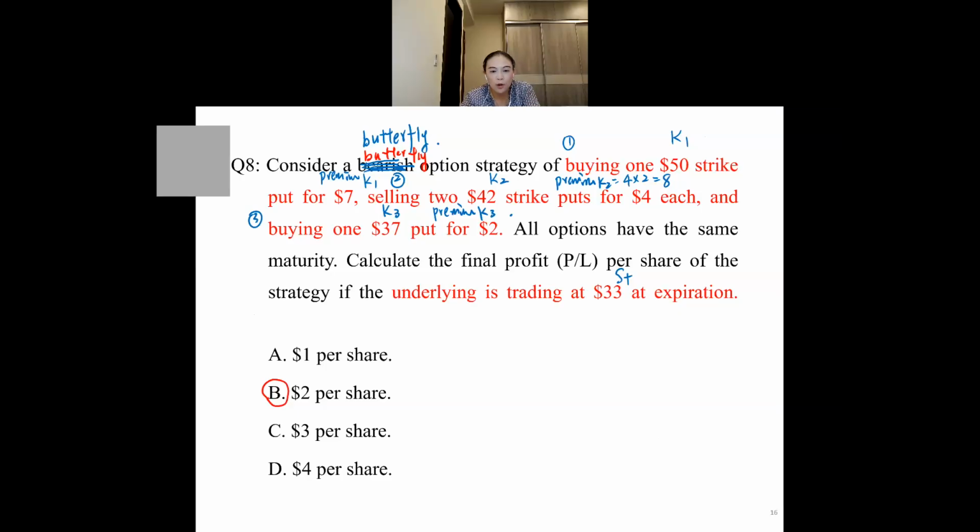Okay, all options have the same maturity. Calculate the gain and loss, profit or loss per share of the strategy if the underlying is trading at 33 at expiration.